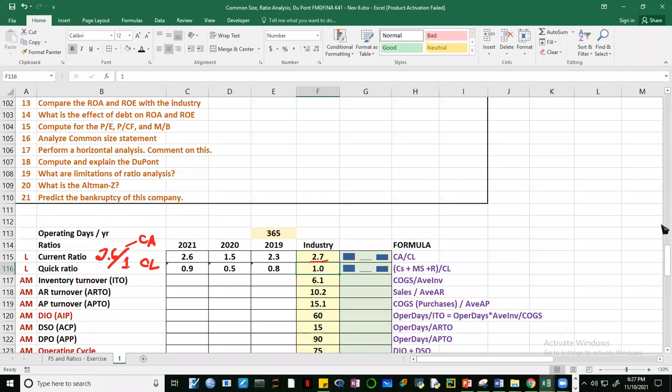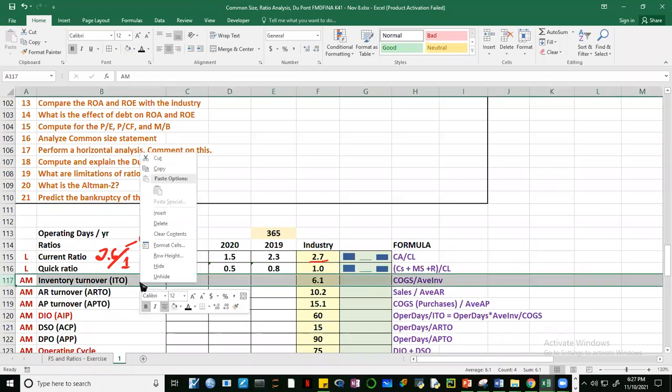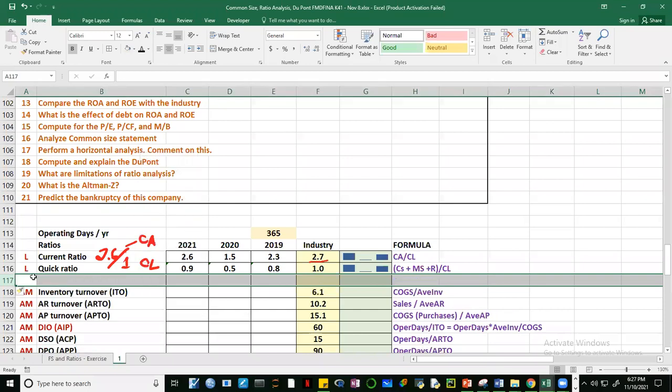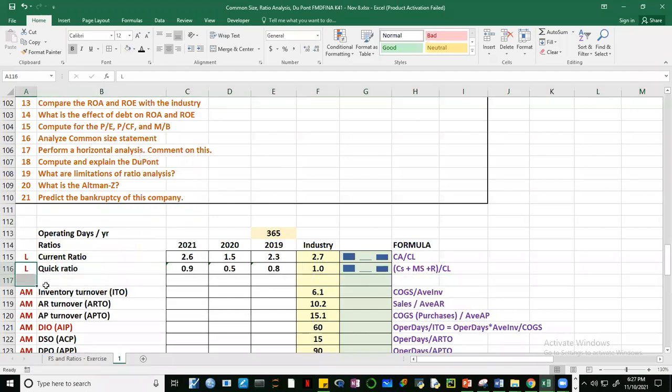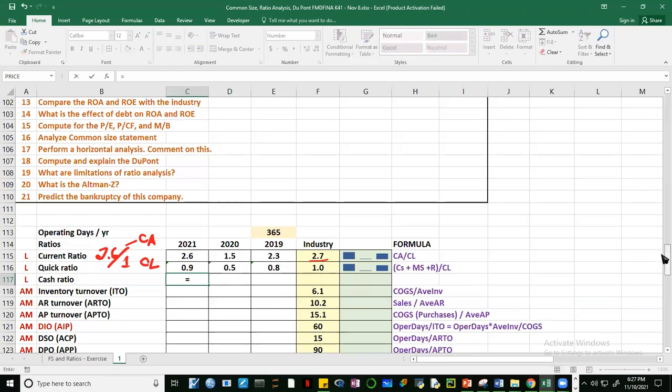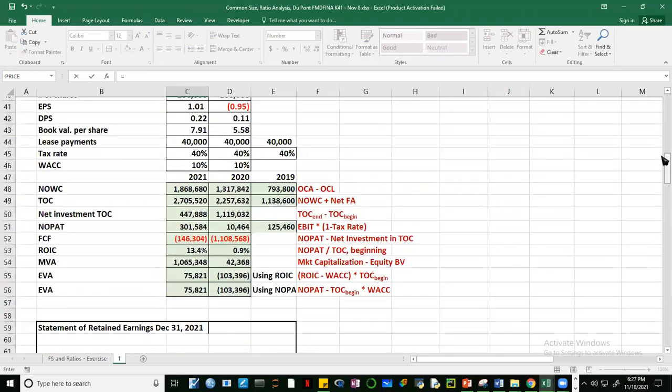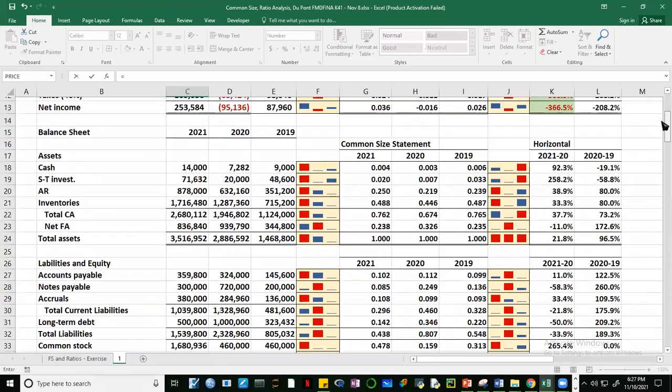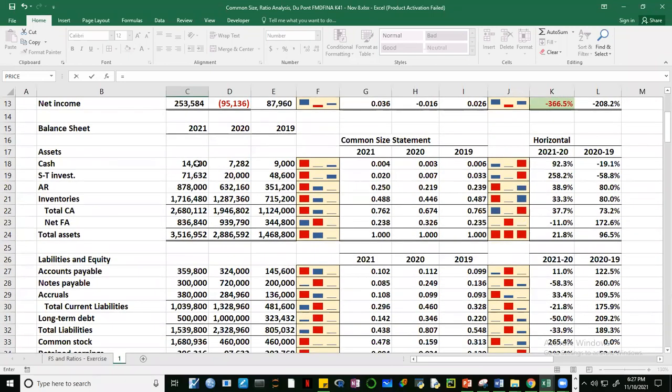Okay, so in fact, meron pang isang ratio dyan. Lagay natin dito, guys, no? Insert natin. Liquidity din yun, no? Insert na lang natin. It's your cash ratio. Ito, mas strict to. Kasi si cash lang talaga. How much cash? Cash lang, okay, divided by your total liabilities.